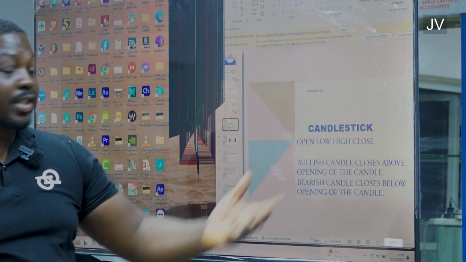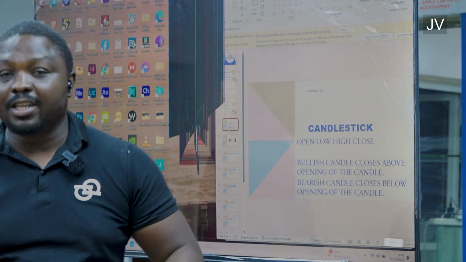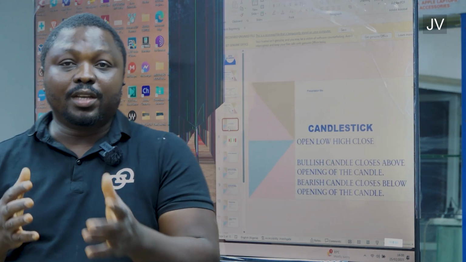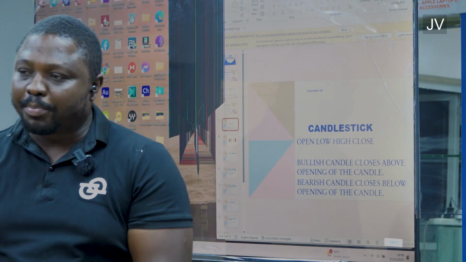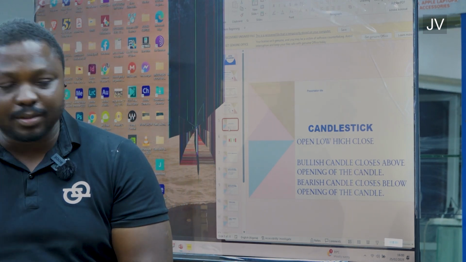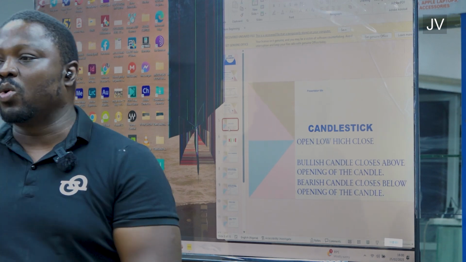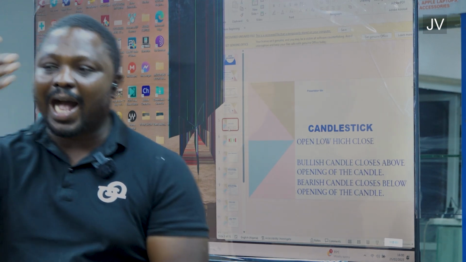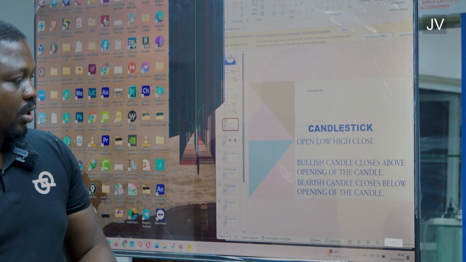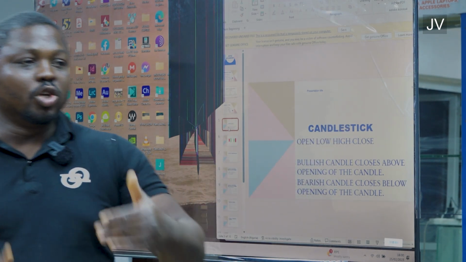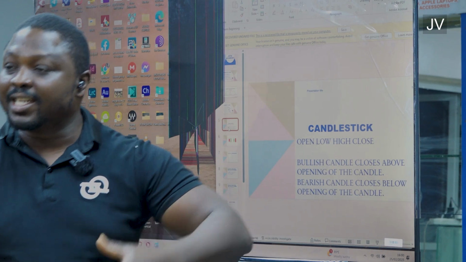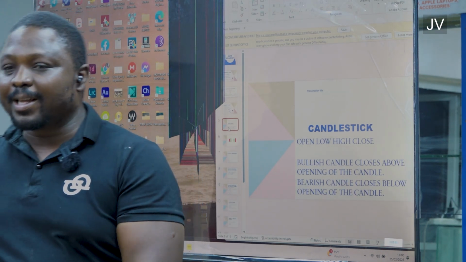This is candlesticks. What is a candlestick? We use candlesticks to determine the opening price, the closing price, as well as the high and low. Open, high, low, close. You need to know that one candle is green and another candle is red.